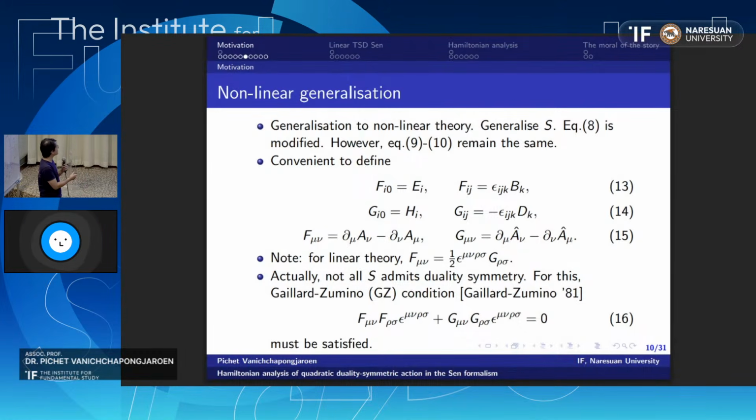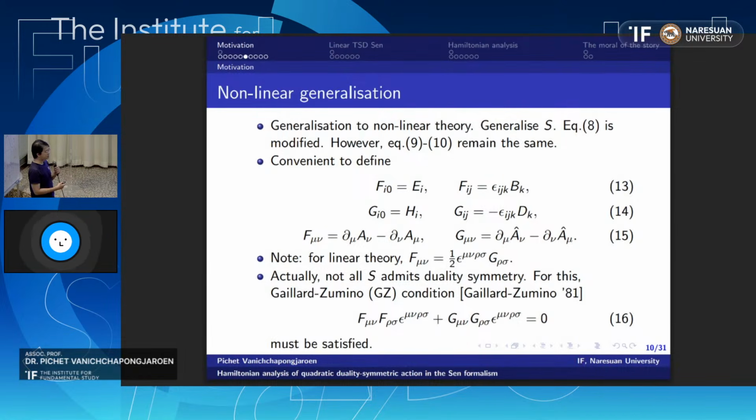For the linear theory, the constitutive relation is just F = 1/2 ε_{μνρσ} G^{ρσ}. So actually F is equal to the dual of G, basically.